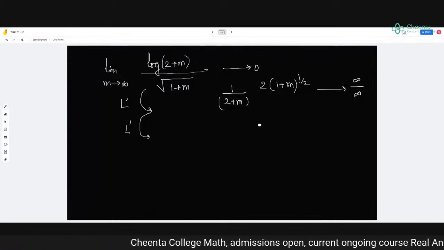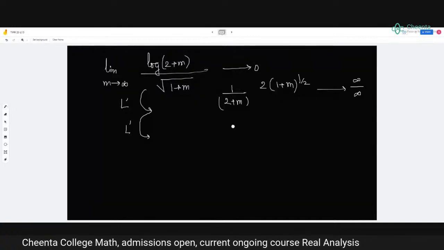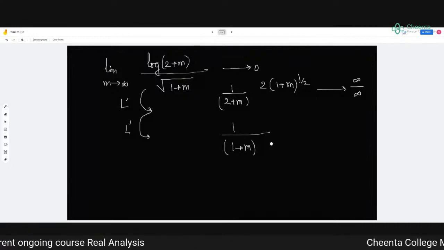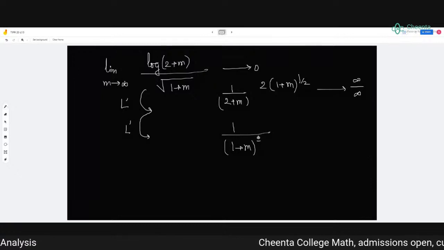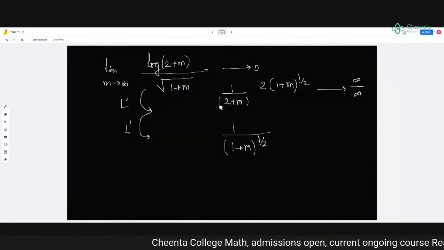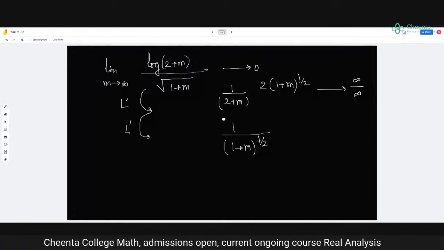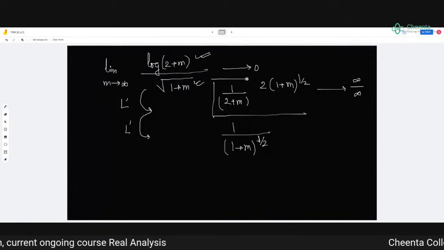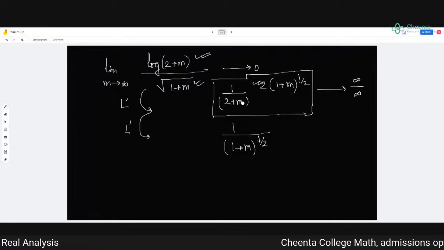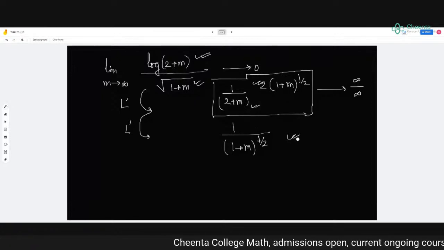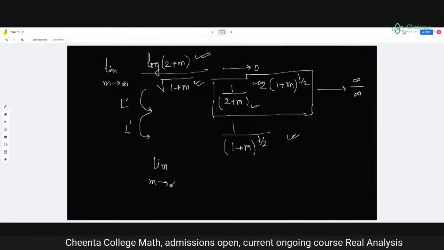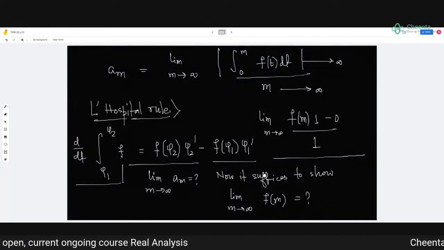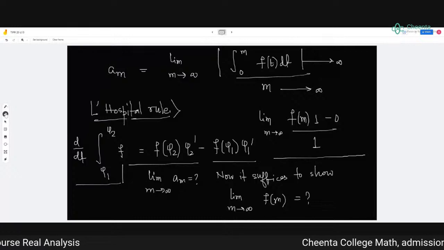So you will have something like this. All right, so this is just L'Hospital used twice. Taking differentials here once, then we get here, then taking differentials of the numerator and the denominator we get here. Now this limit as m tends to infinity tends to 0. Thus what was sufficient to show becomes 0.